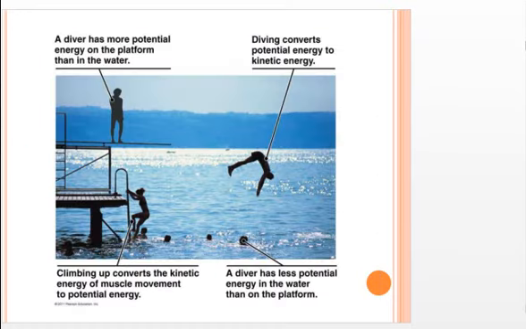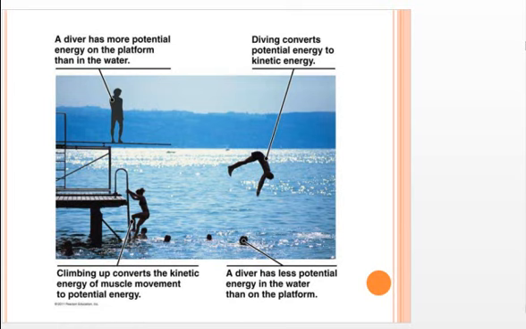This is an example that's in your book that talks about how energy can change or be converted from potential energy to kinetic energy. It has a diver on a platform, and some of you are involved in diving and in swimming. Many of us, while we don't do sports, have maybe dove off of a platform in our pools.